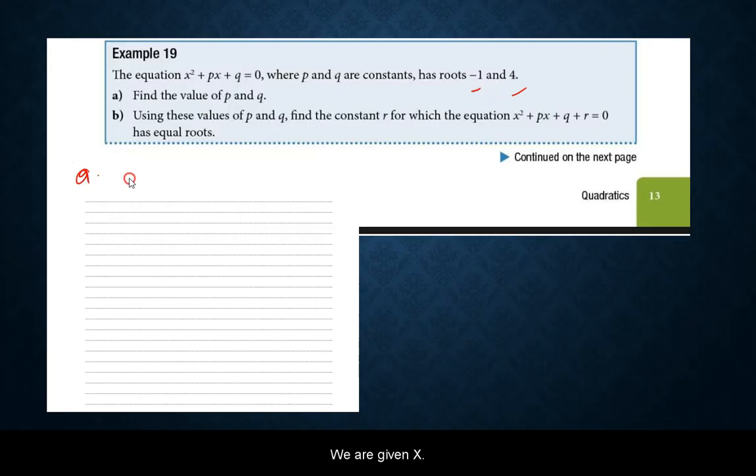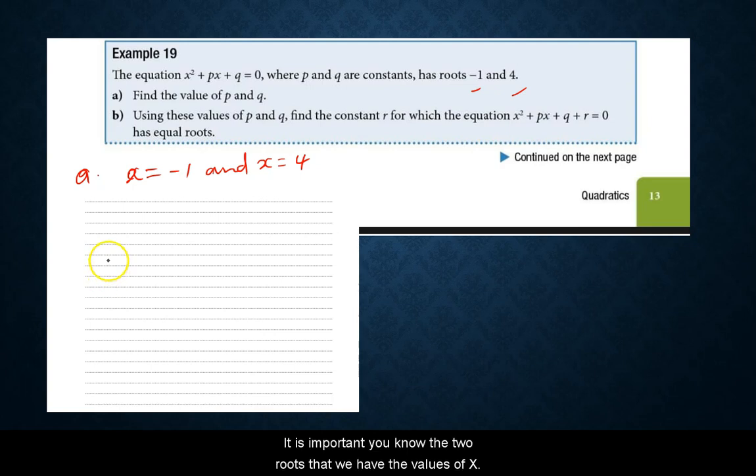We are given x as equal to -1, correct? And then we have also x as equal to 4, right? The two values that are given there. So these roots are the values of x. It is important you know the two roots that we have are the values of x.